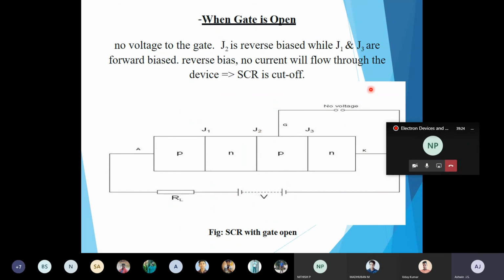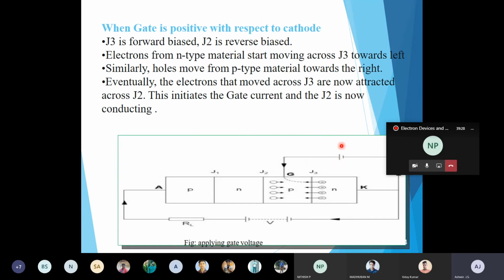For example, for anode and cathode, if the reverse breakdown of the semiconductor is 20 volt, then by giving more than 20 volt, I can make the current flow without any gate.